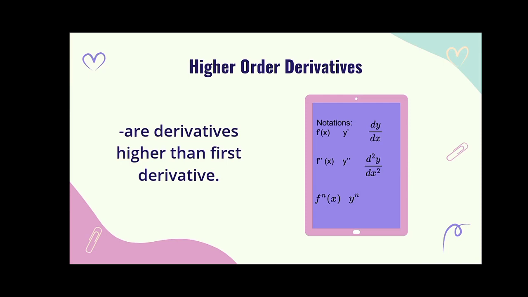And if we will find the fourth or higher derivative of a function, we will use f raised to n of x, which is the same as y raised to n and d raised to n y over dx raised to n.